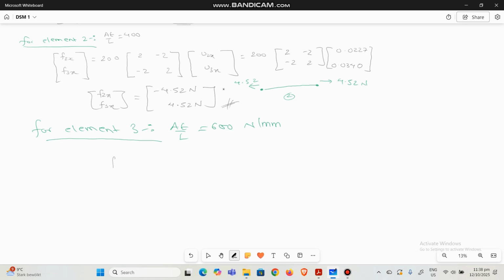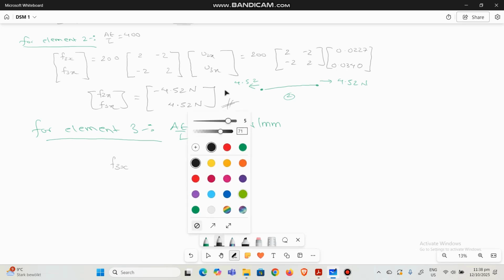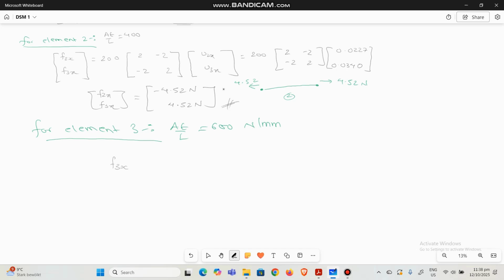For element 3 we have f3x and f4x equals 200 times 3, minus 3, minus 3, and 3, because we took common, and then the displacements u3x and u4x.